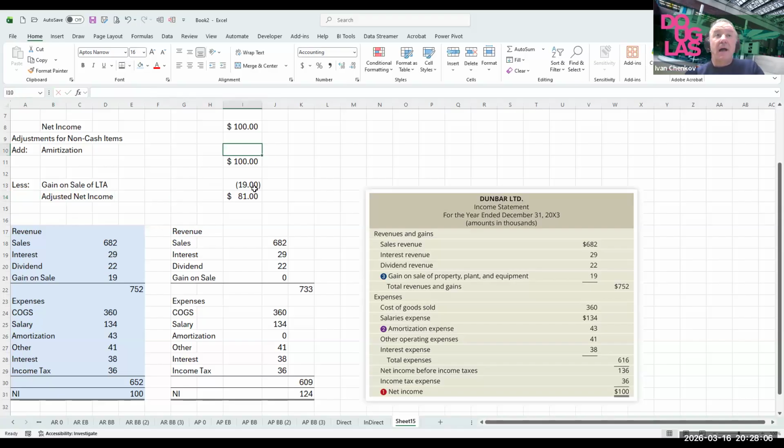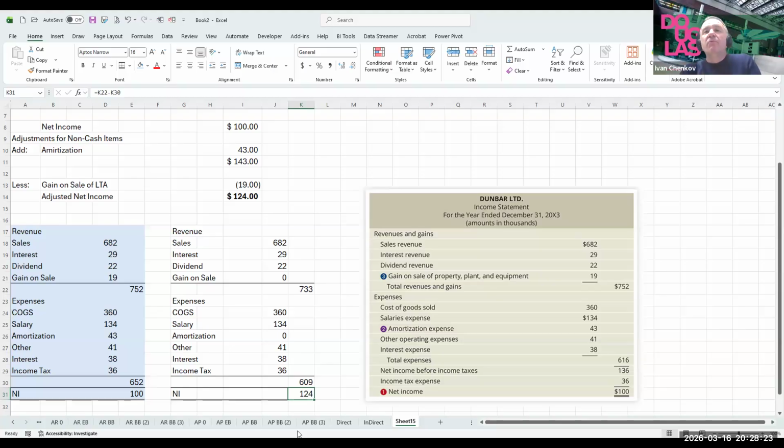So if I add back that 43 for my amortization, my adjusted net income is going to be 142. Is that the number I'm chasing? Yeah, it is.